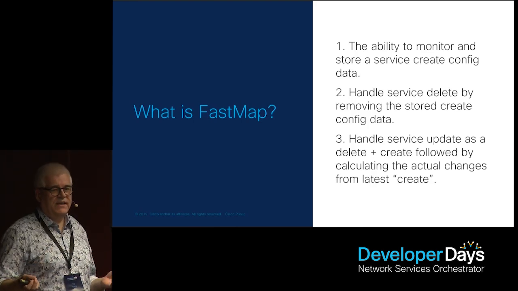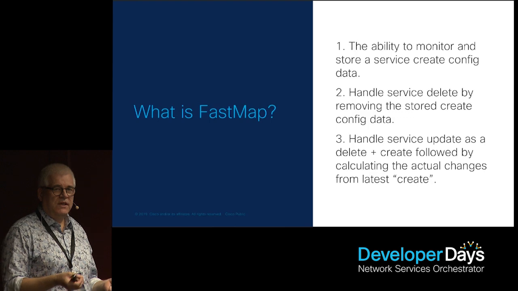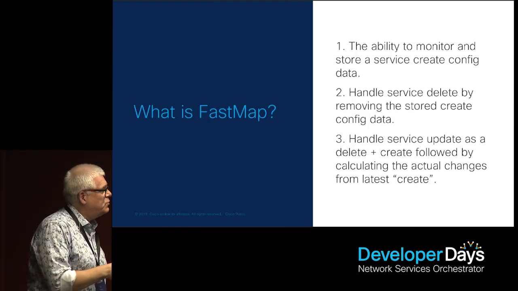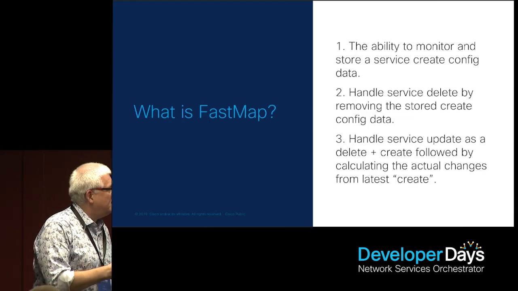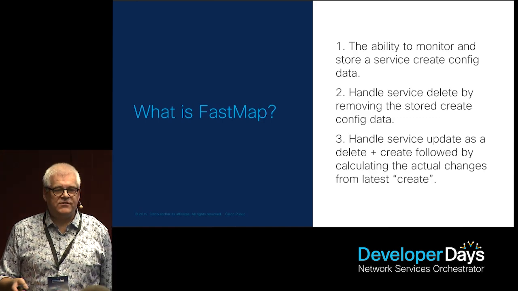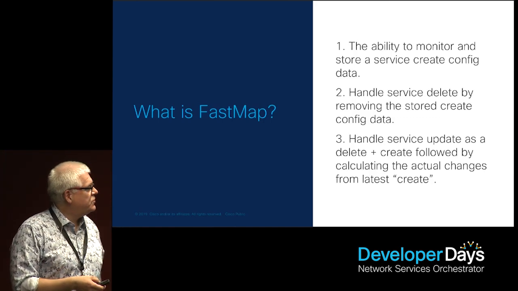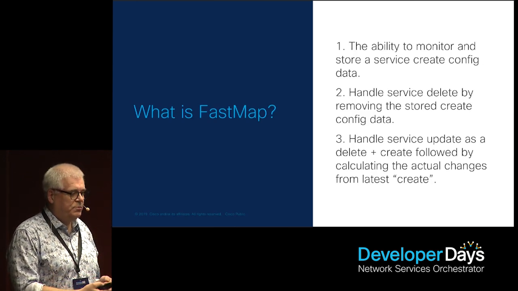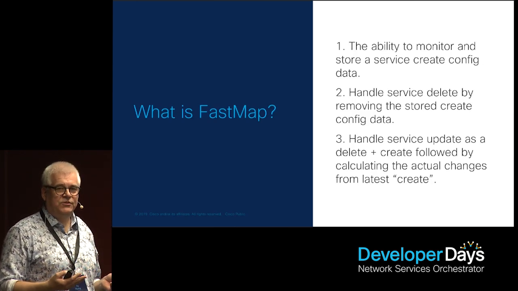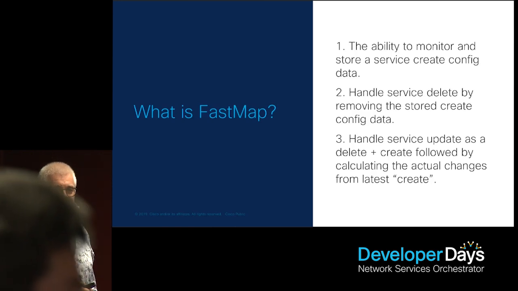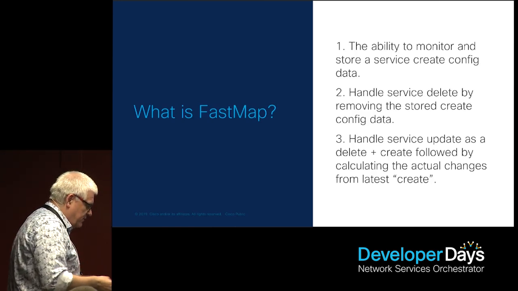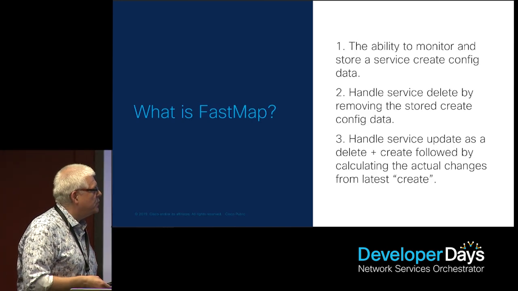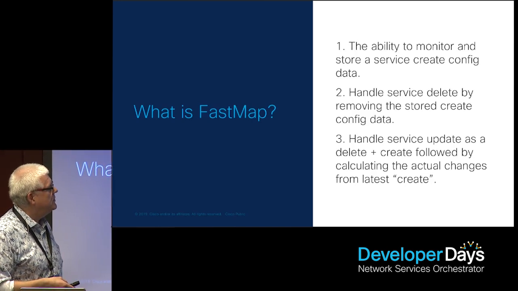So when you have a create mapping call, you can monitor that from the inside and store the result, and that is done in the private data of the service itself. And what you store is not the things that you do, but how to reverse from what you did to the original state. So think of it as how you restore the devices from that state that the mapping did.